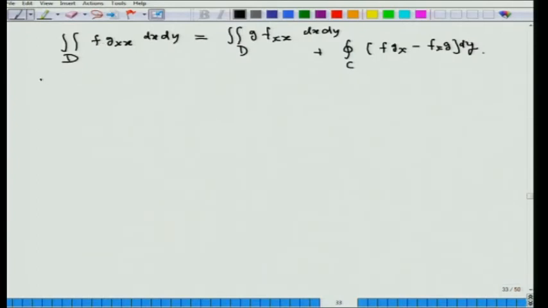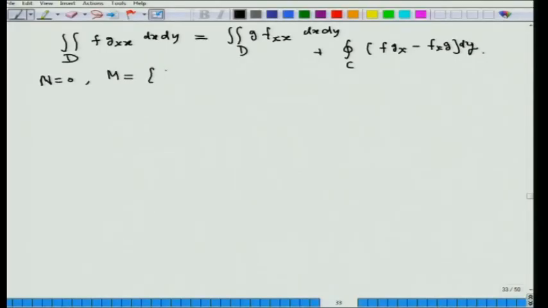And similarly, if we take n equal to 0 and m equal to f g y minus f y g, we get f g y y dx dy.